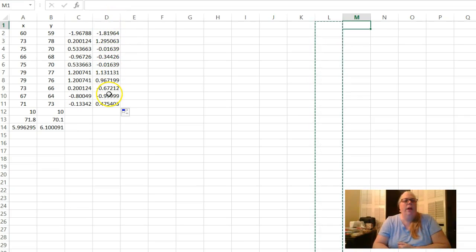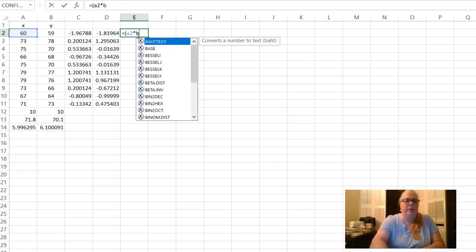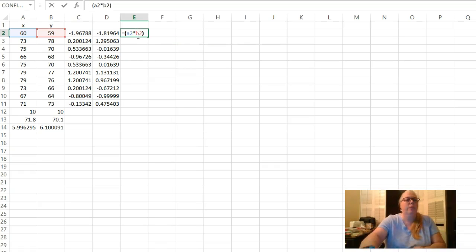This column has my y calculations. Remember, I need to multiply those together in my next cell here. So I am going to take cell A2, and I'm going to multiply it by cell B2. And you see it's highlighted the two cells that I'm using. And there is my product.